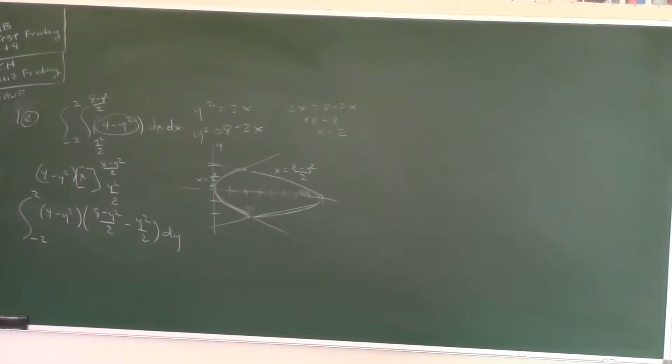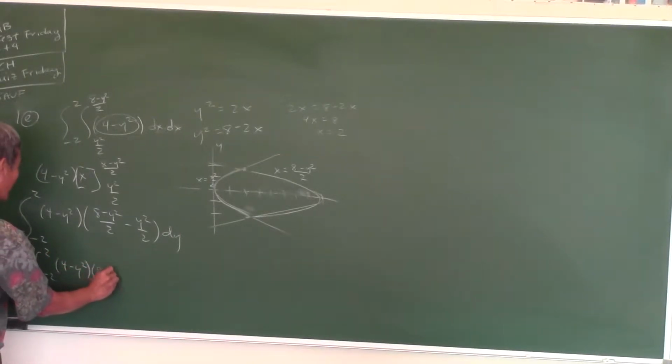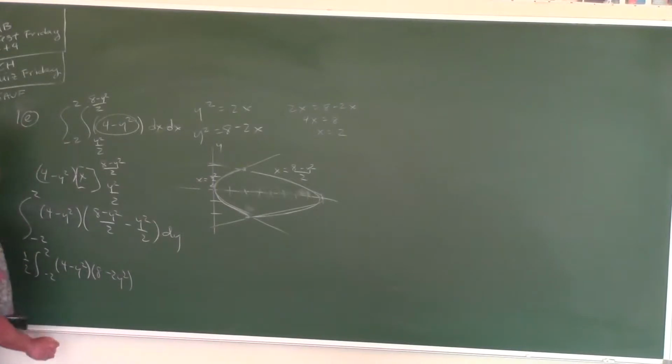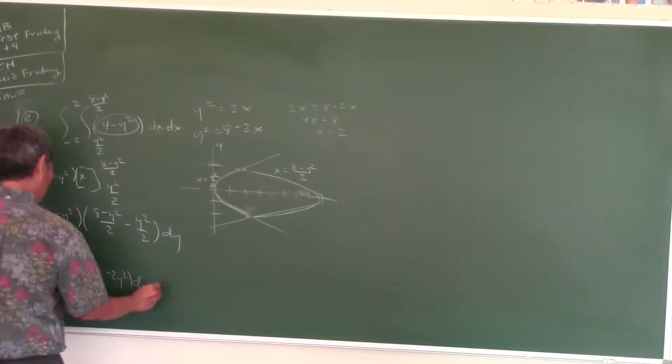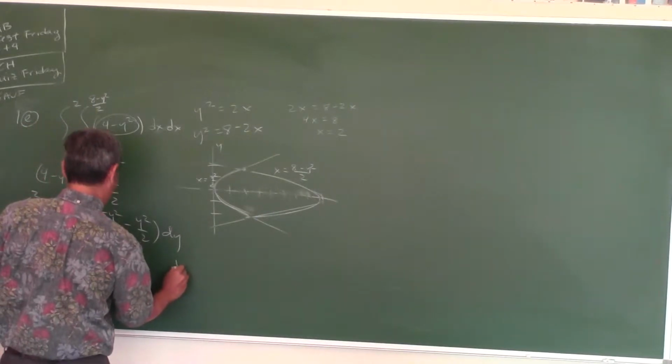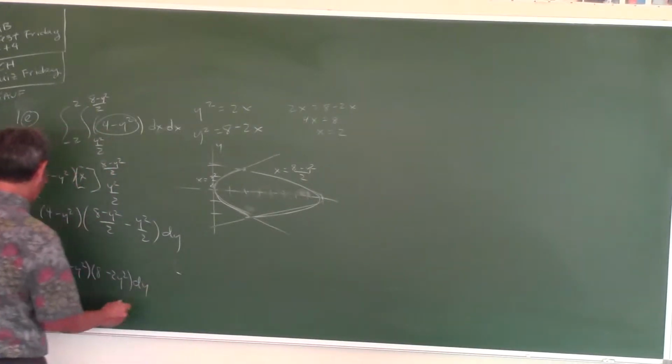So you have to multiply this out. Factor out a half, and then you get 4 minus y squared times 8 minus 2y squared. Why not factor out a 2 then? If you factor out a 2, it cancels the half.